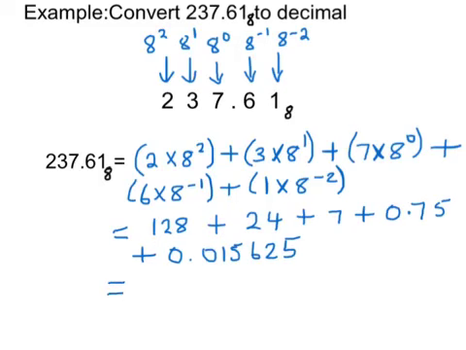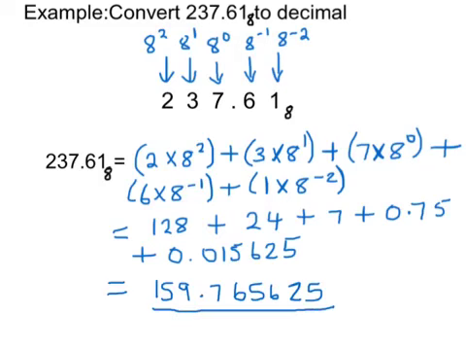And when we add all of these together, we get the number 159.765625. So 237.61 base 8 is equal to 159.765625 in decimal.